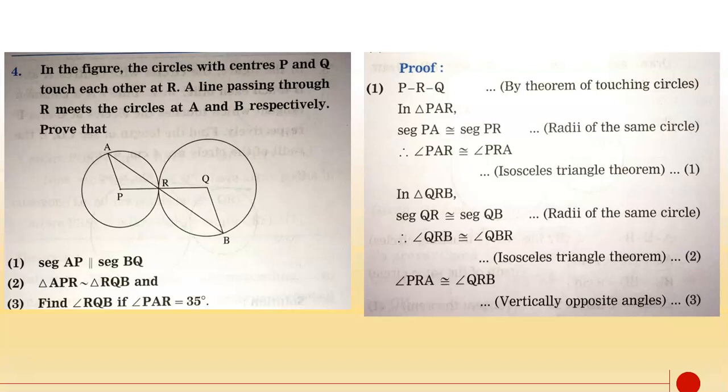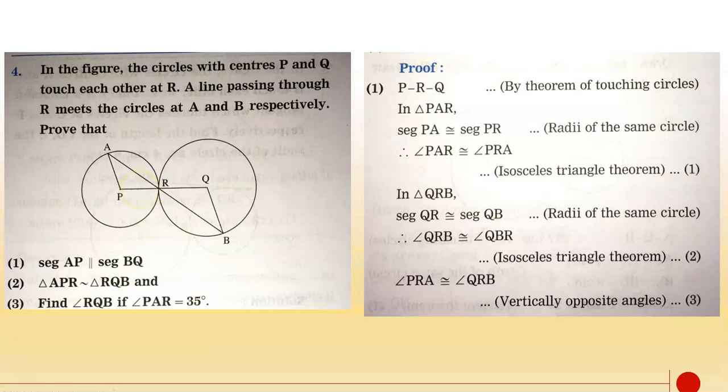with the first sub-question, where we have to prove AP parallel to BQ. Now, first thing I have is, I know that P-R-Q are collinear by the theorem of touching circles. Now, in triangle PAR, segment PA is congruent to segment PR. Both are radii of the same circle.